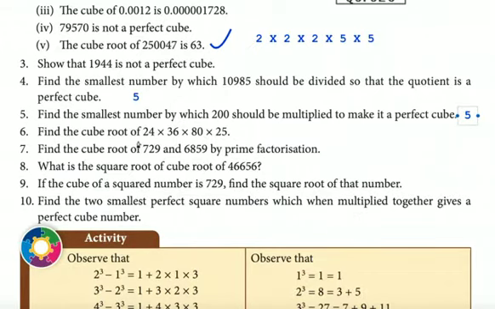Find the cube root of this. 12, 2, 12, 3. What is this? 12, 5?